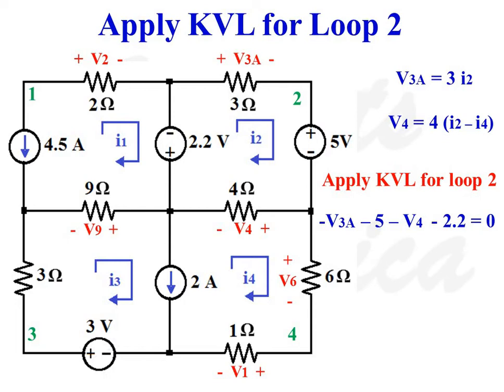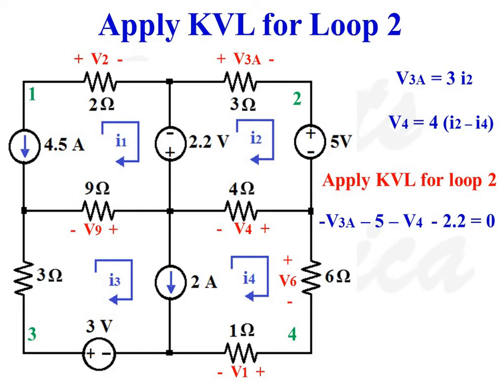As we move in the clockwise direction, when we consider V4, as we move from positive potential to negative potential, V4 should be taken as negative. When we consider 2.2 volt source, as we move from positive potential to negative potential in the clockwise direction, 2.2 should be taken as negative.